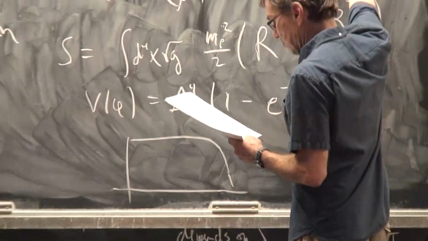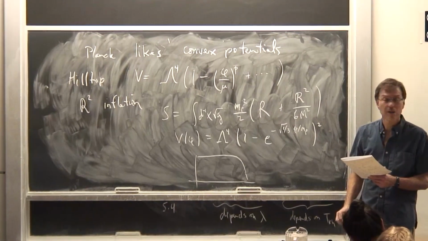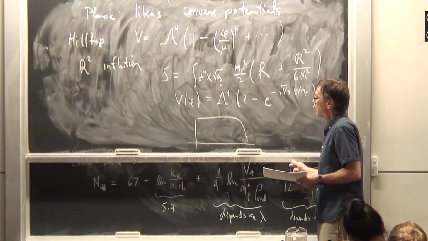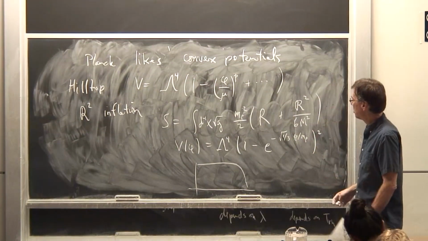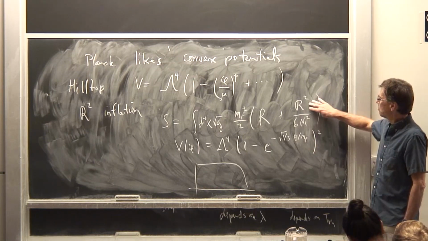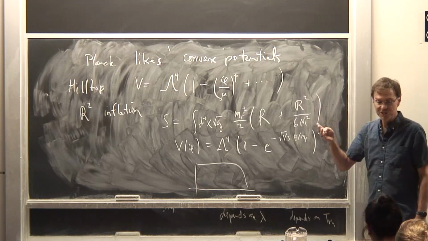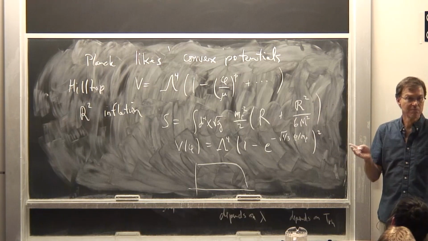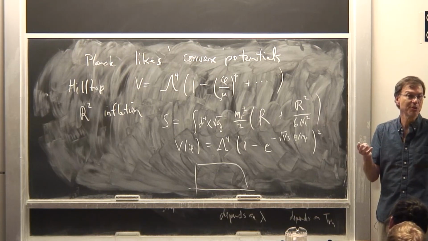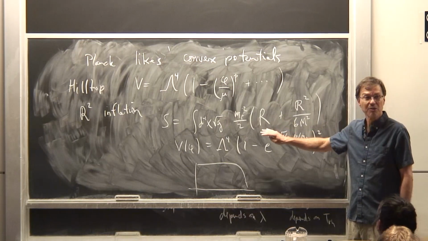So that's not a dynamical... I'm sorry? You say that's an auxiliary field, it's not dynamical? Well, it really is dynamical because essentially what you've done when you make this replacement is when you add R squared to gravity, it adds extra degrees of freedom, a scalar degree of freedom to gravity, which is not present in Einstein gravity.